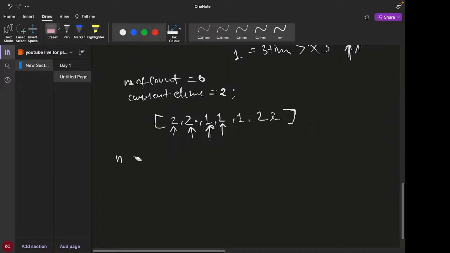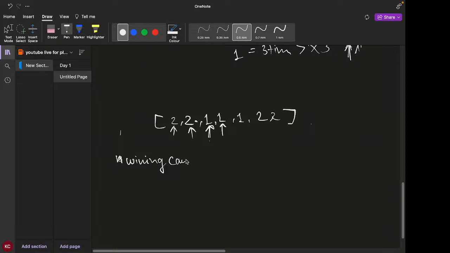Let's change the name of the element to another variable, let's say winning candidate, and another variable for the number of votes it has more than the others.